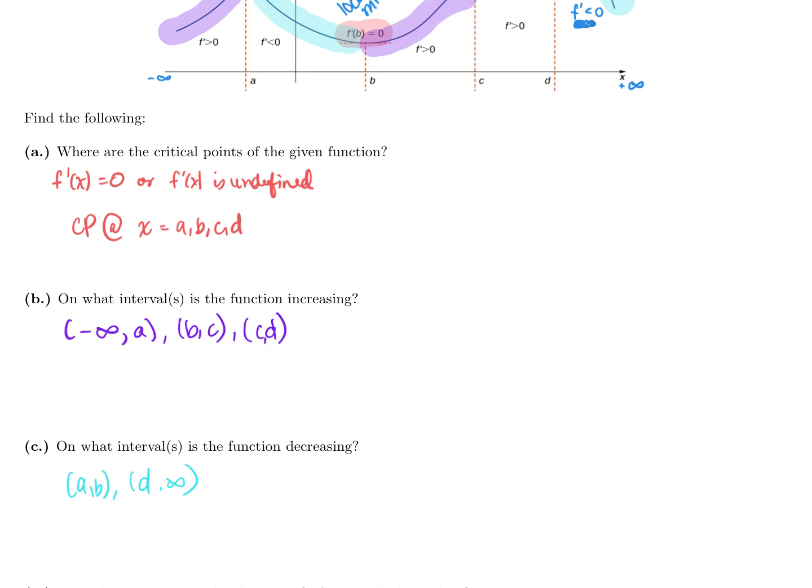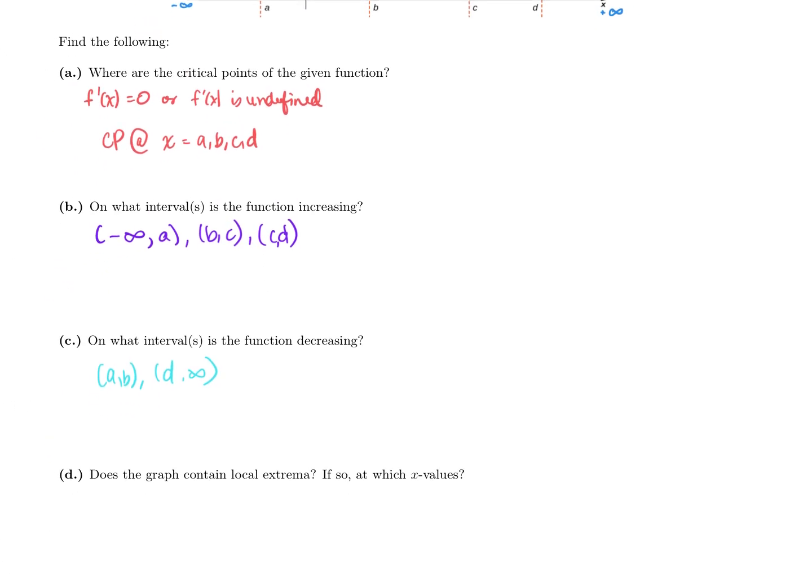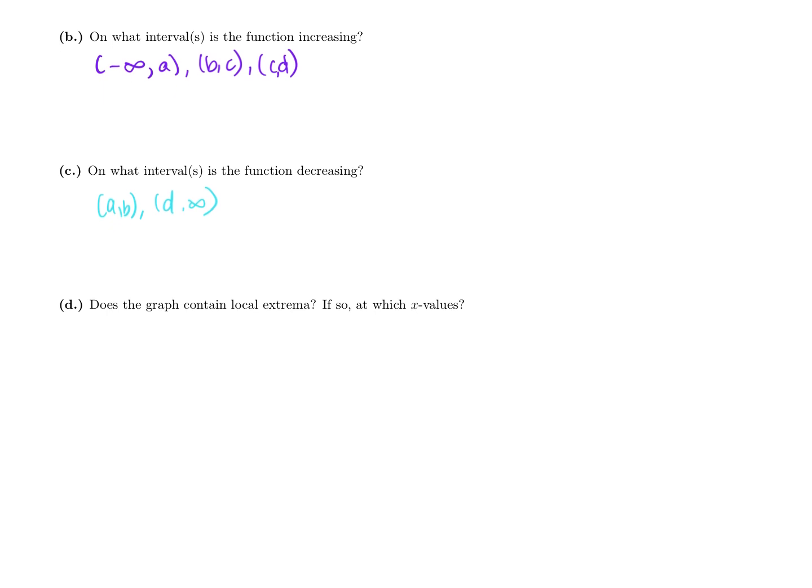And I know that we have labeled on the graph itself what our extrema are, but let's see if we can write them out as a list. So we said at x equals A, we have no extremum. At x equals B, we had a local min.